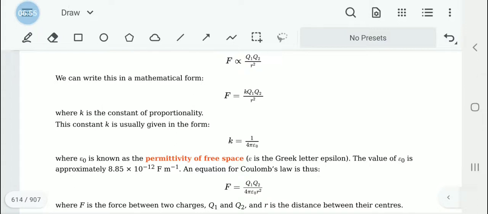Then from this equation we can obtain F equals q1 q2 divided by 4 pi epsilon O r squared. You know the value for epsilon O.